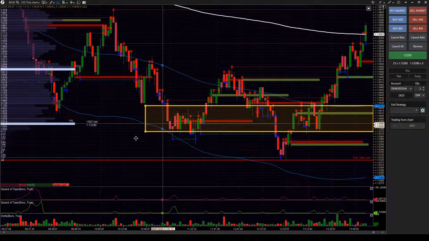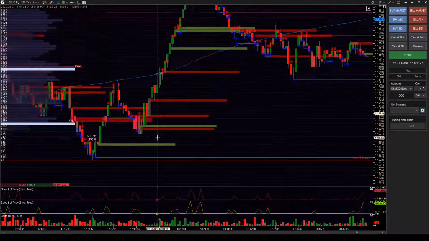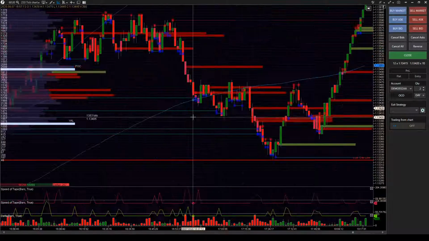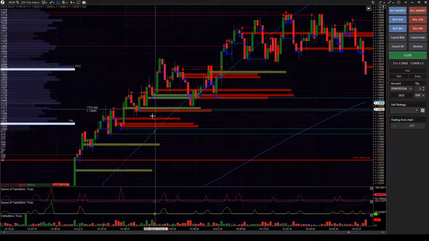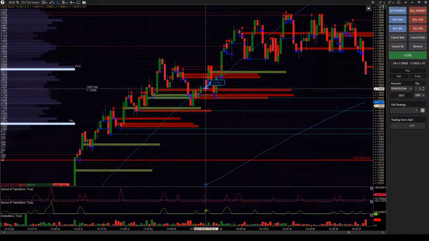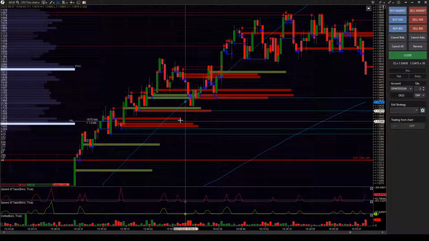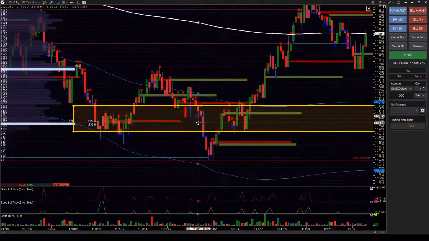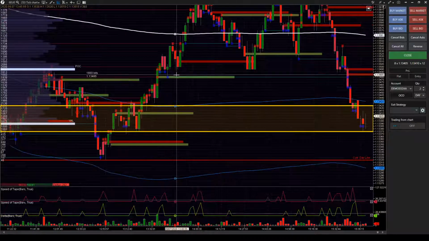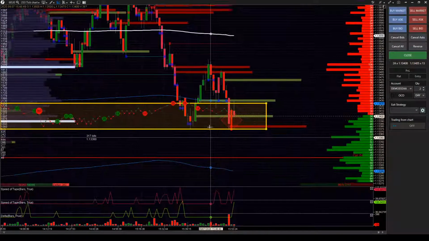You can see here one again, and probably even yesterday you can see this, probably another one, and here's another one. So you can see how prices always respected this level, giving a big importance for us if we were looking for a long trade here.